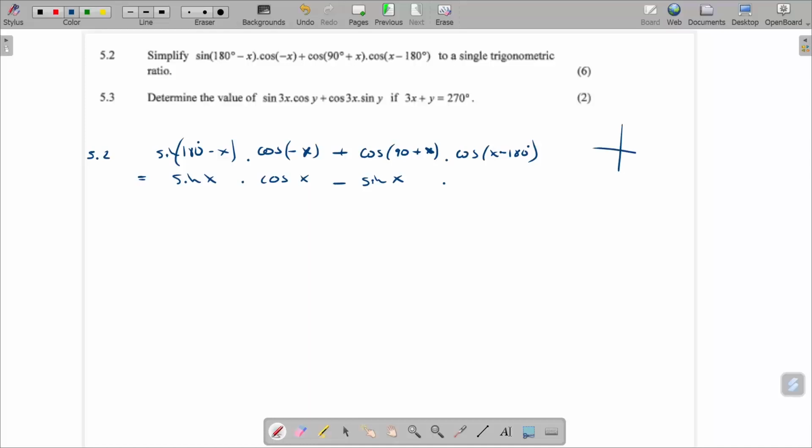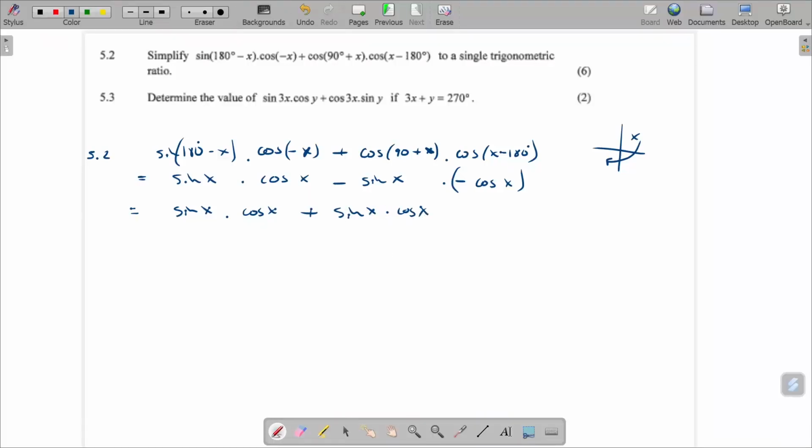Okay, again, if here's my first quadrant and I take 180 away from it, I'm going to the third quadrant. Cos in the third quadrant is negative, cos of x. So I've now got sine of x cos of x plus sine of x cos of x.